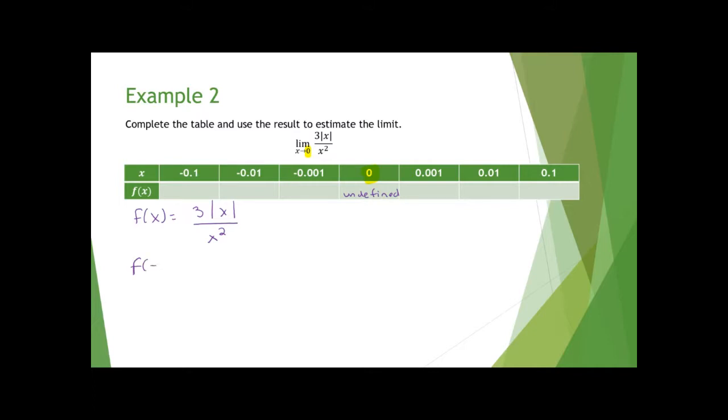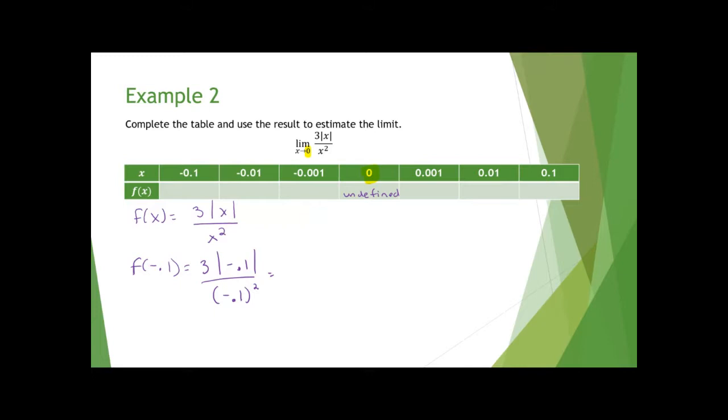So I'm going to start with negative 0.1 and plug that in. 3 times negative 0.1 over negative 0.1 squared. And then it's basically plugging and chugging. Now the hard thing is the absolute value. I could try to do it by hand.